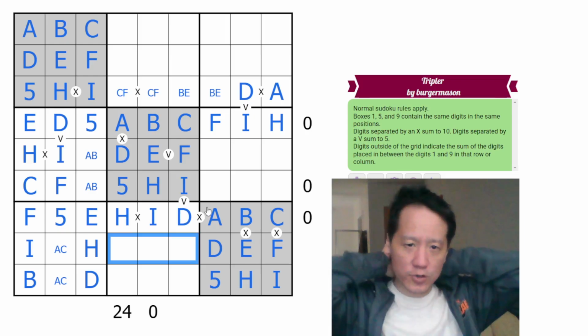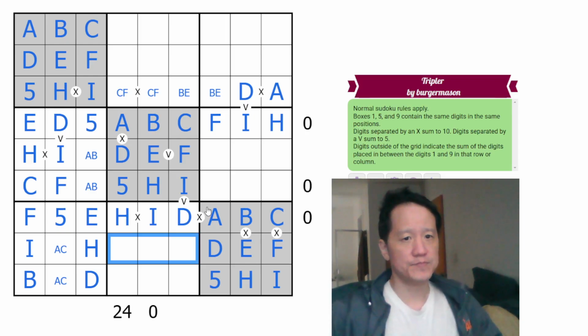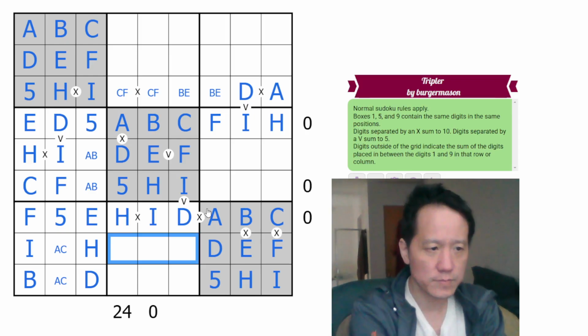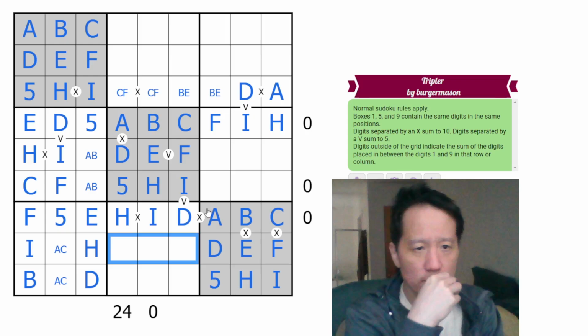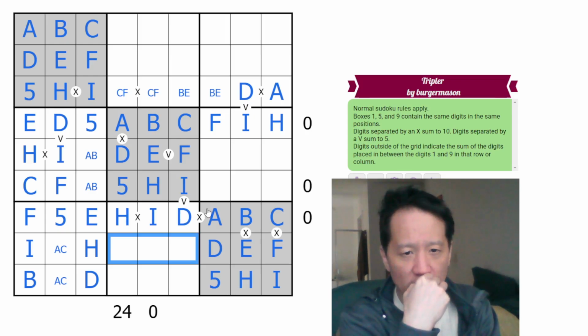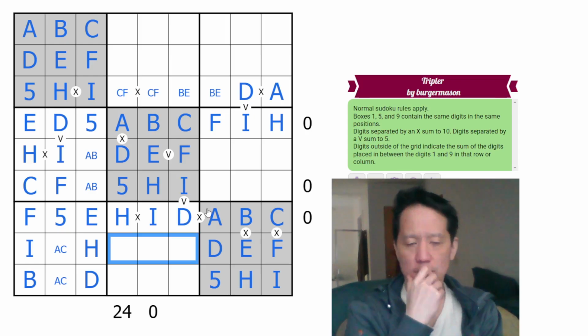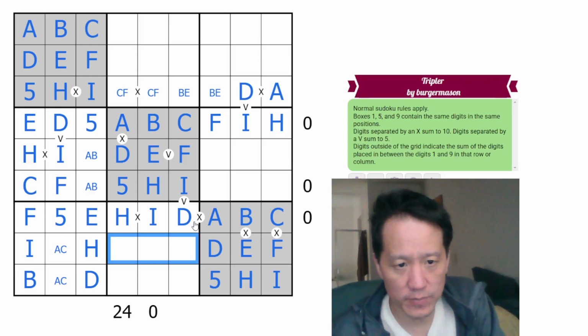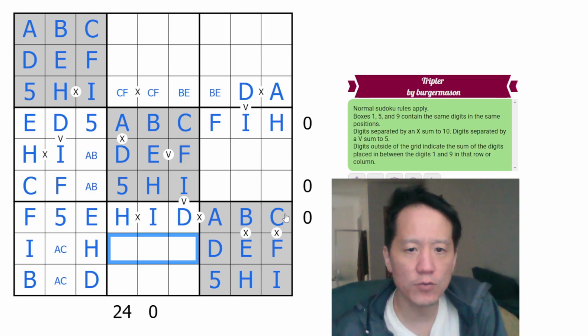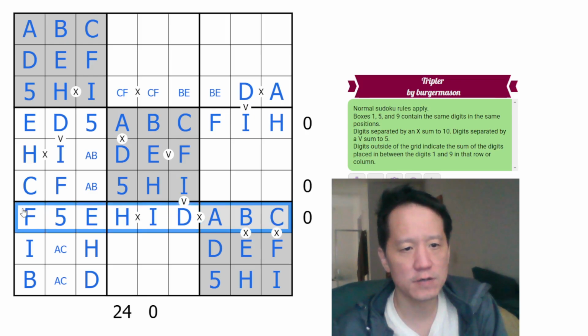Let's see. What else do we know? Okay. I see something. We know the 1 and the 9 in this row have to be consecutive, right?